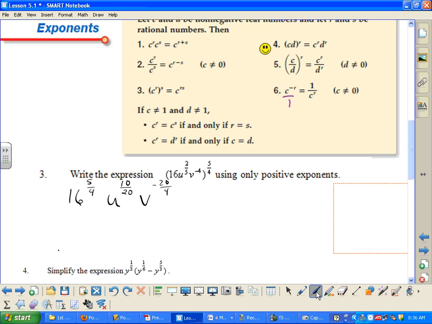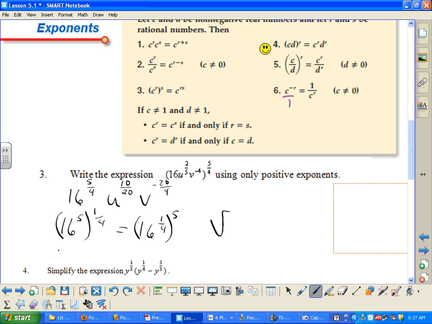So we have a choice here. I can either think of this as 16 to the 5th power to the 1/4, or I can think of this as 16 to the 1/4 to the 5th power. Which one do you think would be easier? Do you know what 16 to the 5th power is? No, I don't know either. But what's the 1/4 power?